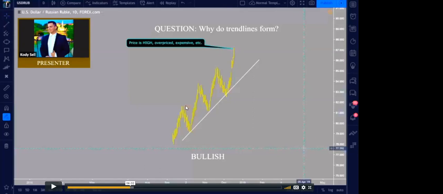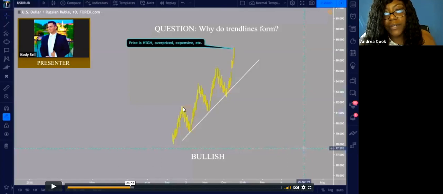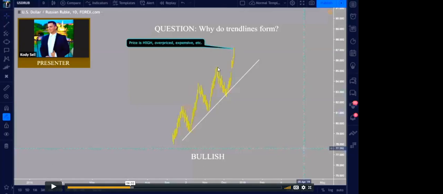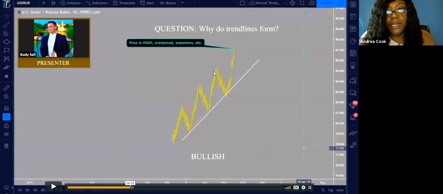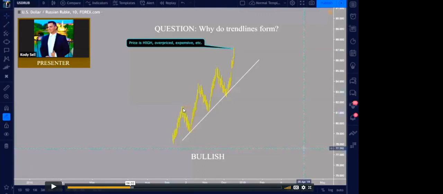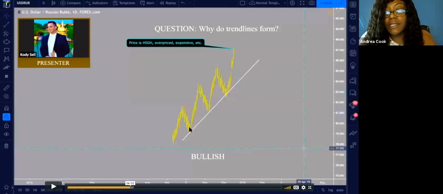Trying to understand why we're calling it that. Every time price peaked, it was higher than the last time. This is the first peak. Here's the second peak. It's higher than the last one, so it's a higher high. This one is higher than the second one, it's a higher high. This one is higher than that one, it's a higher high. Then the price reversed, and when price came down to retest or retrace, it made a higher low than it was here.